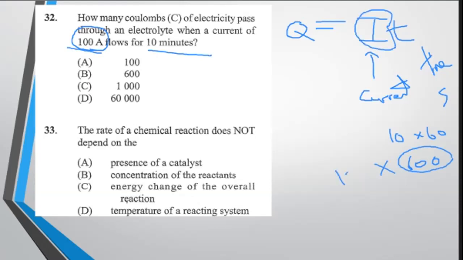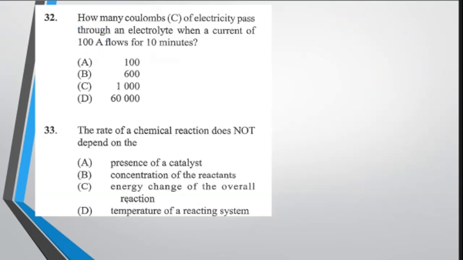So we multiply 100 by 600, and our answer is 60,000. They ask how many coulombs, so it's 60,000 coulombs. That's the charge. The answer should be D as in dog, 60,000 coulombs.